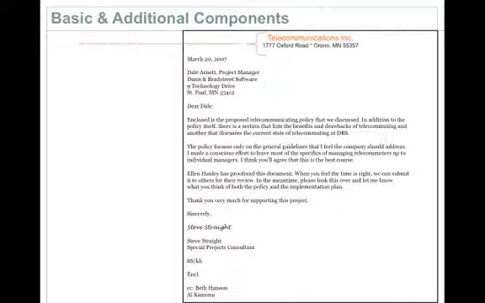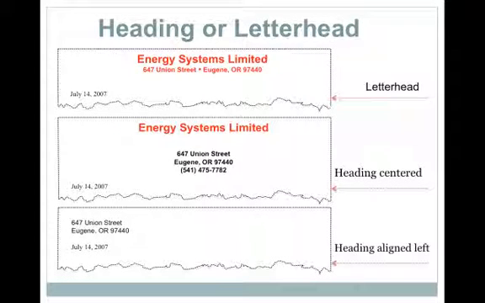Now we're going to discuss the basic components of a letter, starting with letterhead. Letterhead is preferred for business letters because it offers a more professional appearance. Letterhead is pre-printed with the company's logo, address, phone number, and often a corporate slogan or identifying graphic.